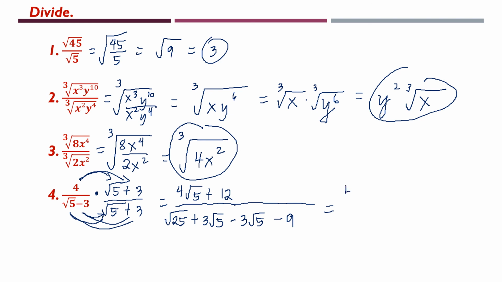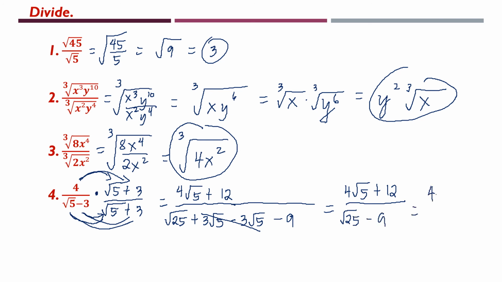Simplify. 4 square root of 5 plus 12 over, for the denominator, you can observe that we can cancel 3 square root of 5 minus 3 square root of 5. That will be equal to 0. So what will be left is square root of 25 minus 9.